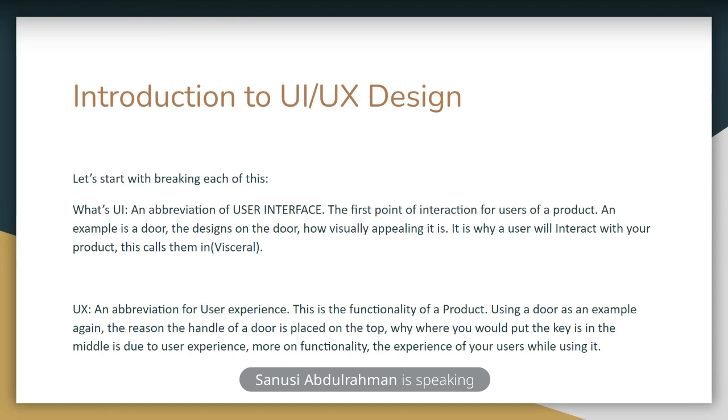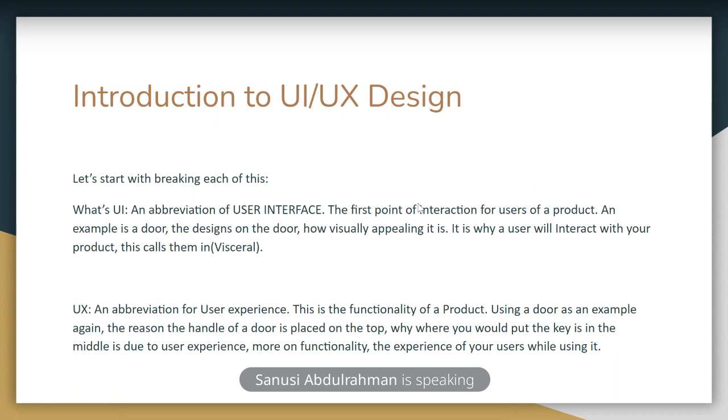Let's say, for example, I'm designing an interface, an e-commerce landing page for users. Aside from the user interface and the visual appeal, I'm asking, why does this CTA button have to be here? Why does this particular thing have to be here?